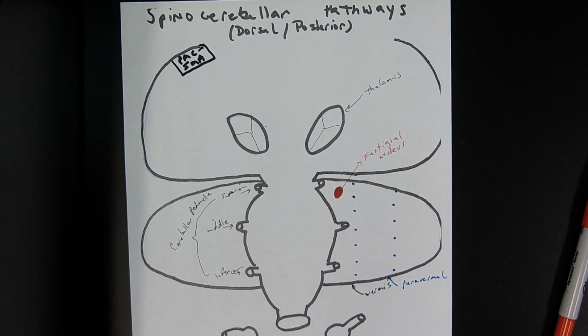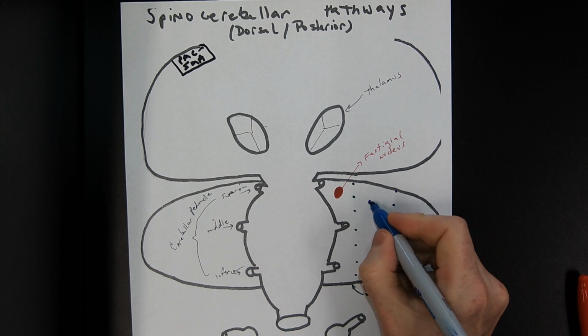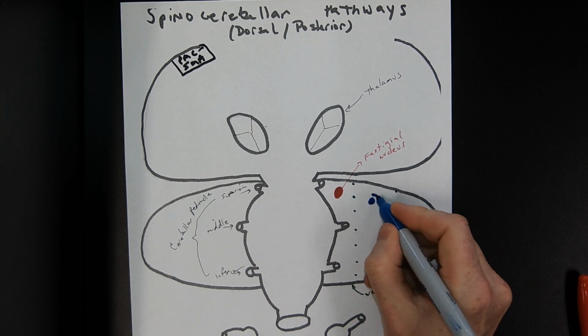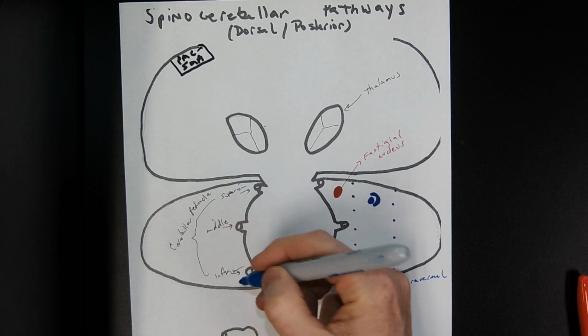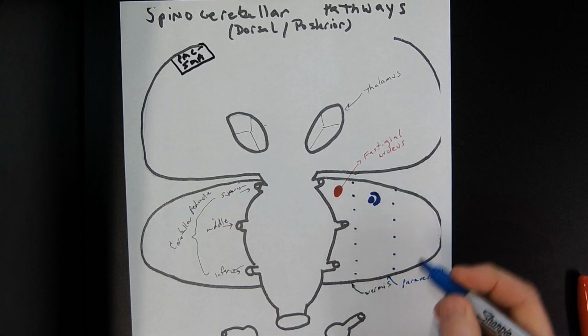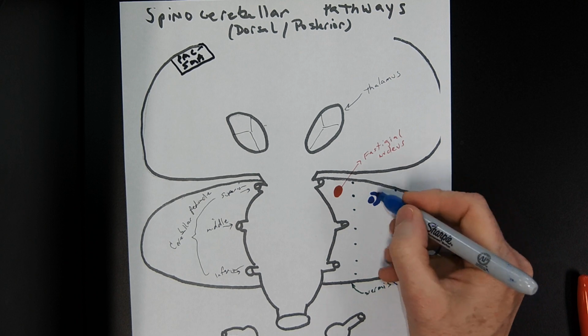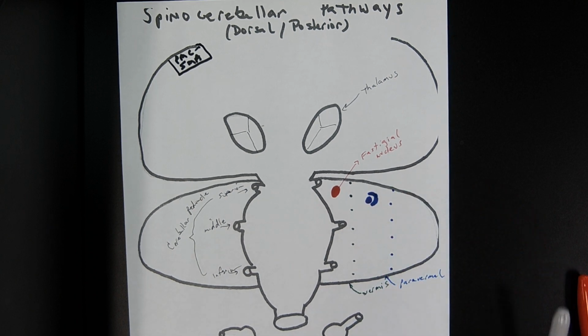And I had another deep cerebellar nucleus that was associated with the paravermal region. You remember that one? It's your interposed. Okay, I realize I'm only looking at one side, so this would be duplicated on the opposite side. So associated with this paravermal region, the deep cerebellar nucleus is going to be my interposed nucleus.